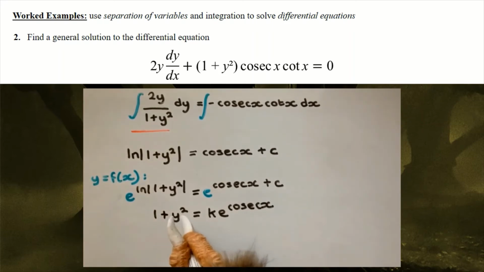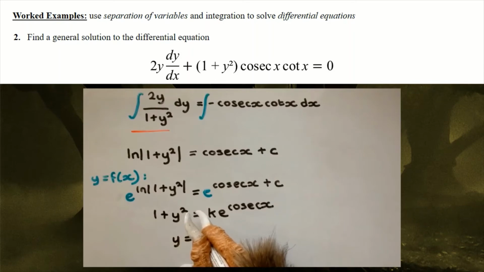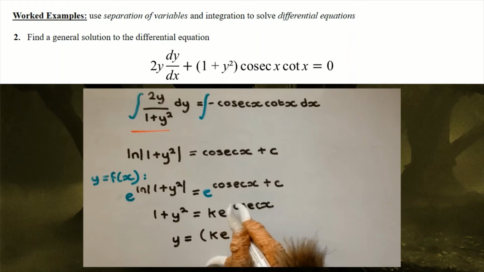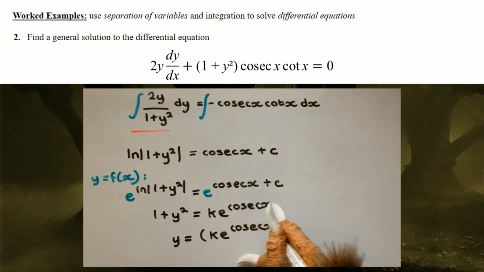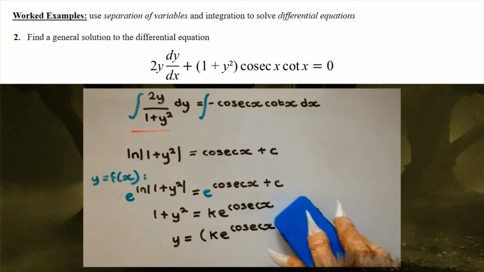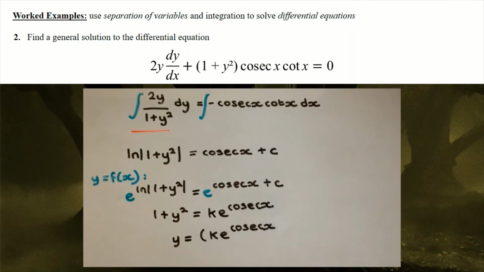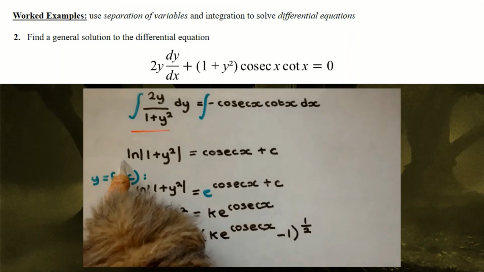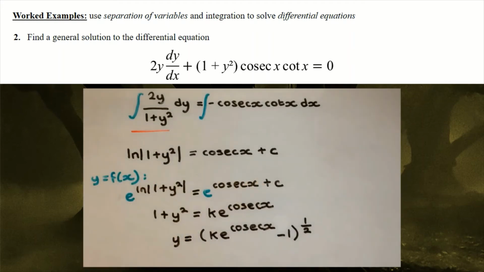So y is going to equal k e to the cosec x. Forgot to subtract 1 there. Let's do that. Subtract 1, all to the power 1/2. And that would be the general solution. It's general, of course, because we have the constant in there. This part is not necessary. There's nothing wrong with this answer here. This is just in case you want to do a little bit more manipulation.